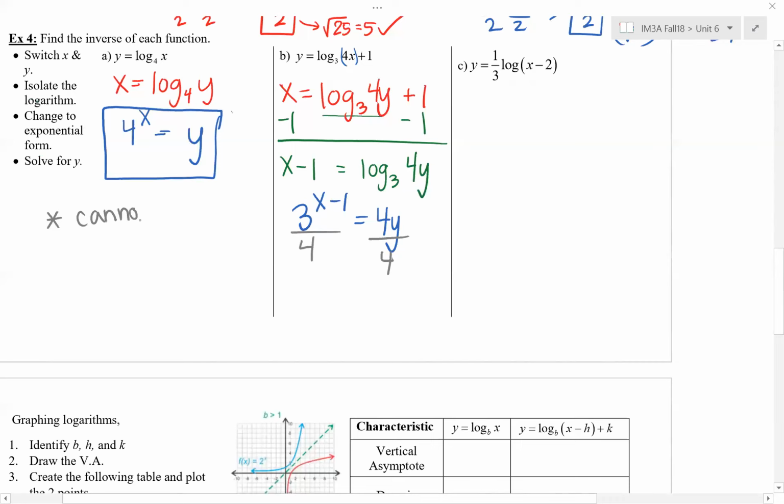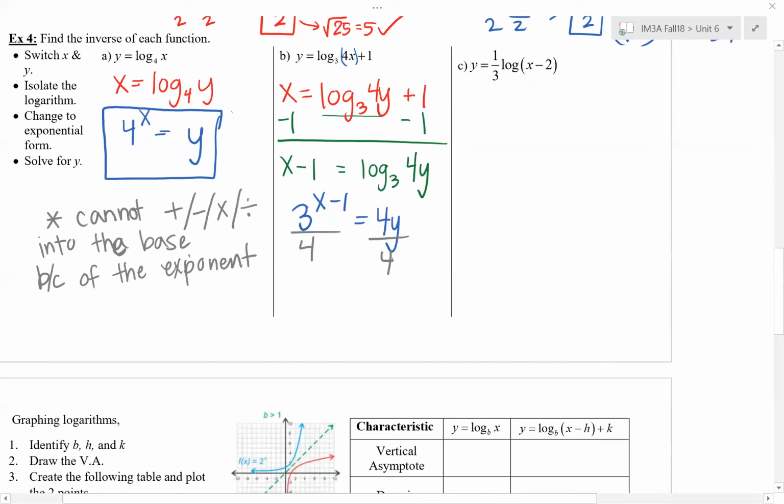Okay, so we cannot add, subtract, multiply, or divide into the base because of the exponent. So the 3 has this power, so I can't like divide 3 by 4 and write 0.75. It doesn't work that way because 3 has a power on it.